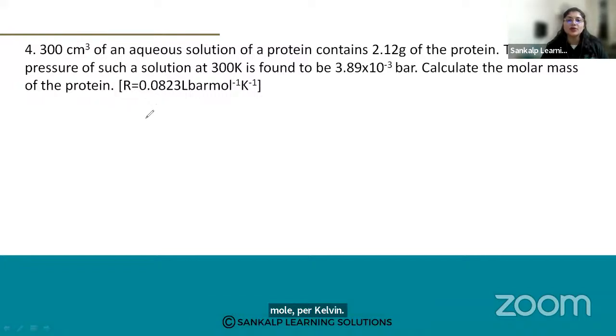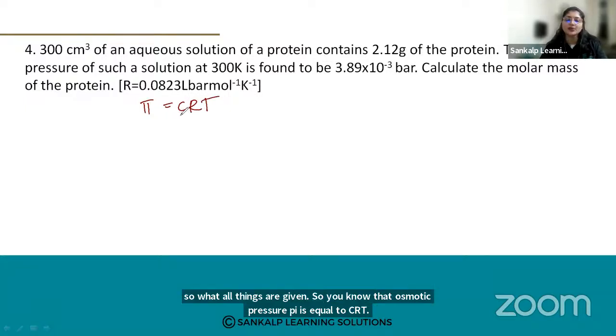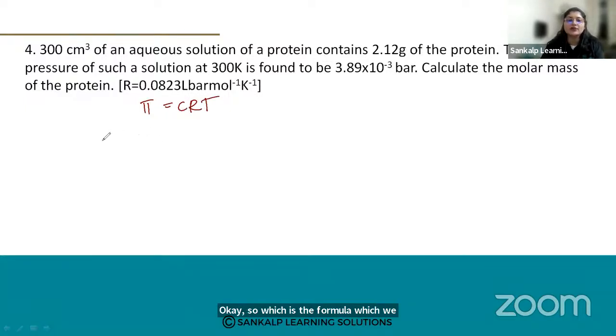So you know that osmotic pressure pi is equals to CRT. Okay, so which is the formula which we are going to use for finding the molecular mass? How is concentration given? Concentration is given as number of moles divided by the volume, into RT.